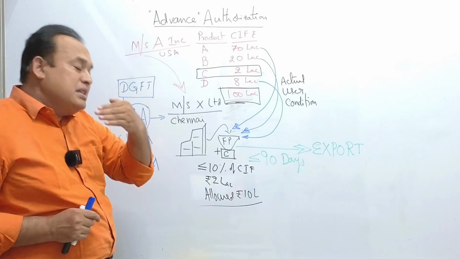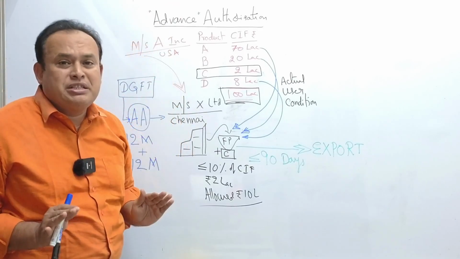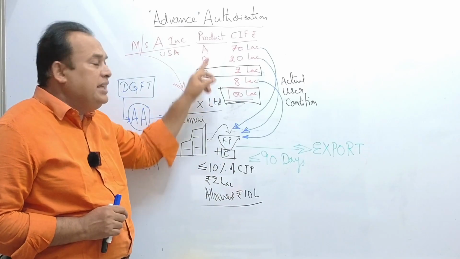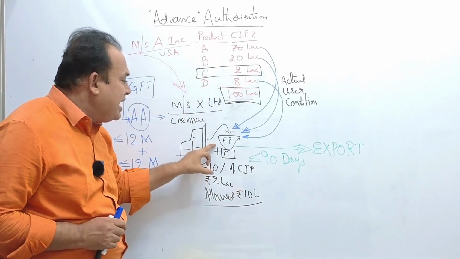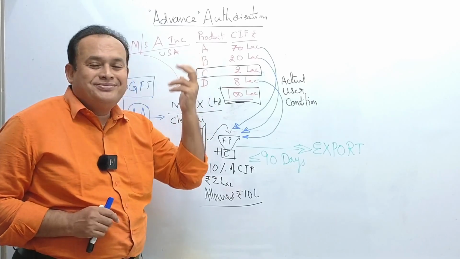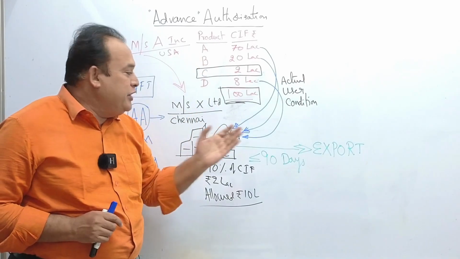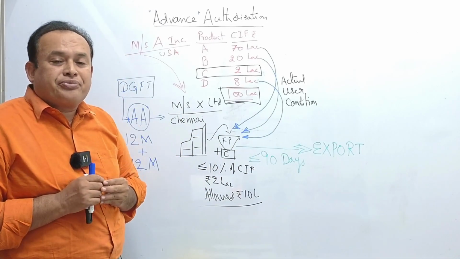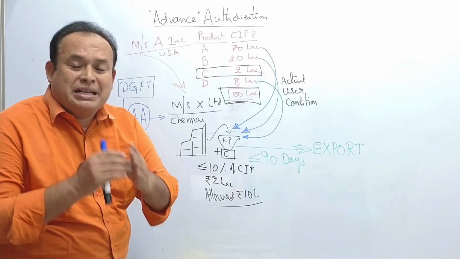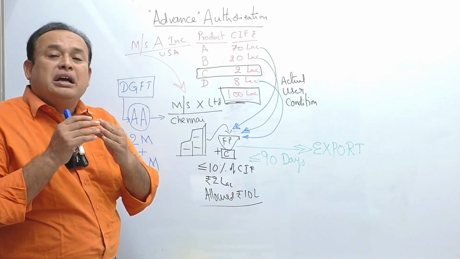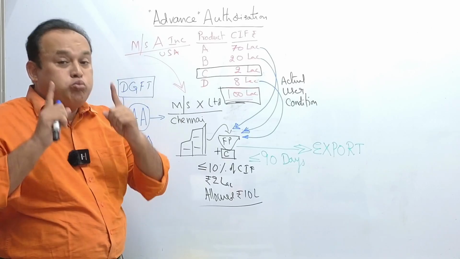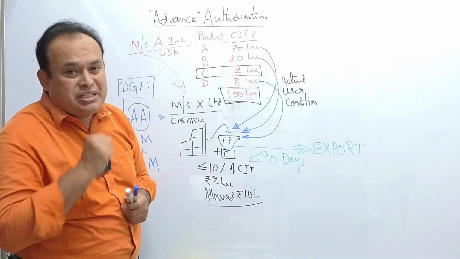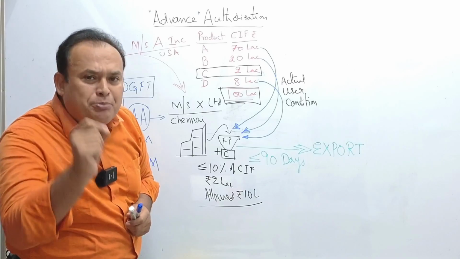If imported goods are exported back along with the finished goods, it is permissible, not exceeding 10% of the CIF value of import. In the case of product C, what I imported is attached with the finished product and exported. If you export like this, X Limited can be considered as redemption of export obligation, provided this export FOB value has a value addition of minimum 15%.